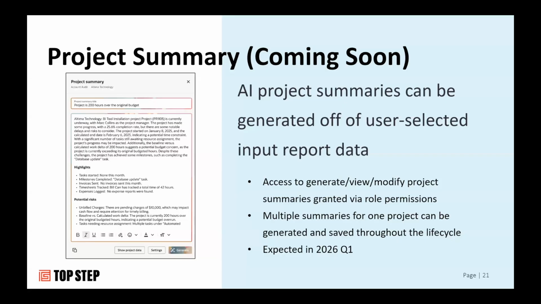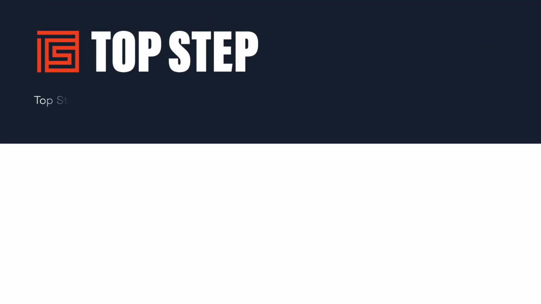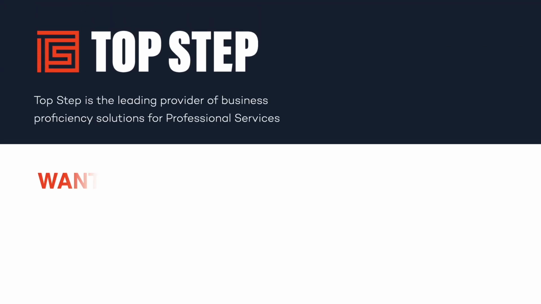The system will be able to use AI to review the project and come up with a project summary that you can use internally or externally with your clients. We were told it's coming in Q1, but they did list it as a 2025.2 release item. So that's all we have today.